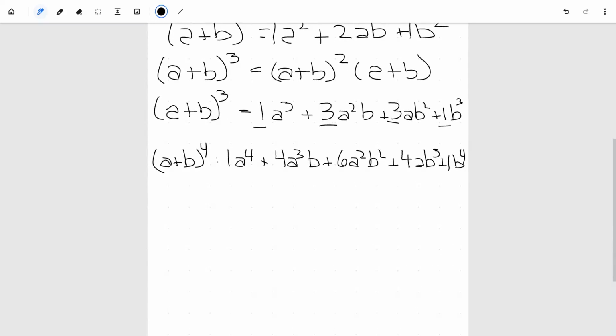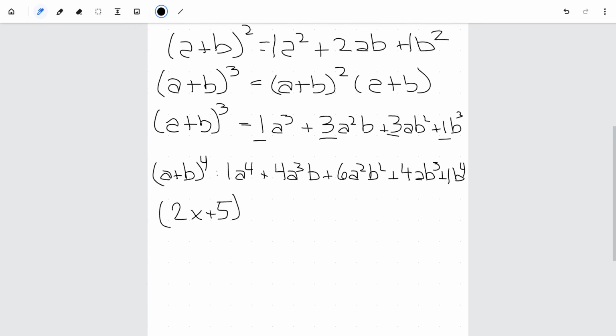Now let's just do one example real quick just to show you how much easier this is. Say we have (2x+5)^3.